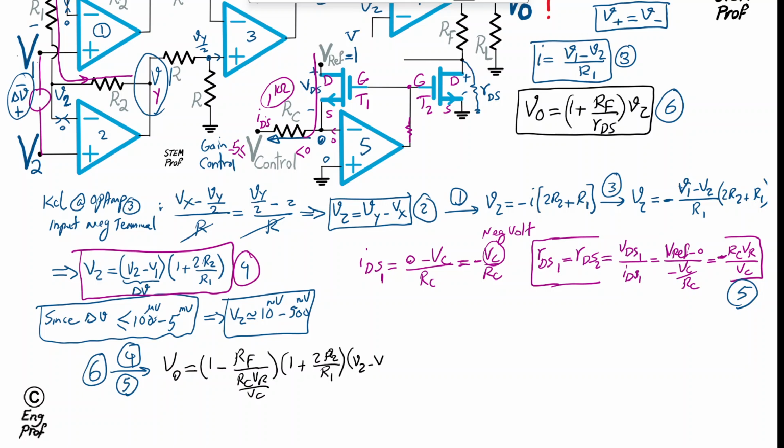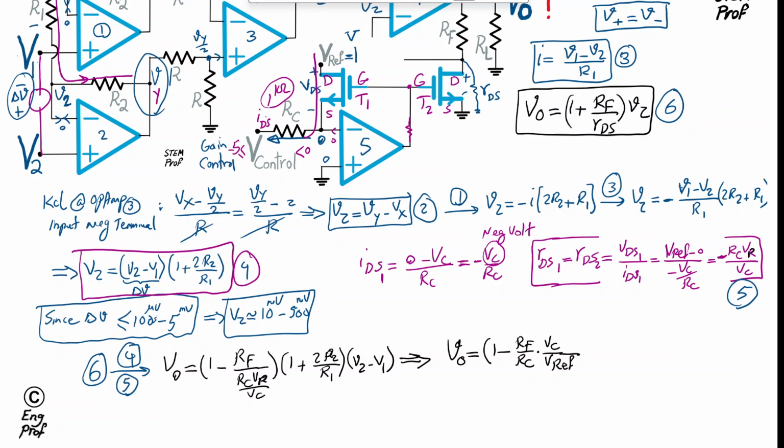which is V2 minus V1. So in summary, what we got for this circuit is output voltage is 1 minus RF over RC times VC over VR, or V reference. So VR is V reference.